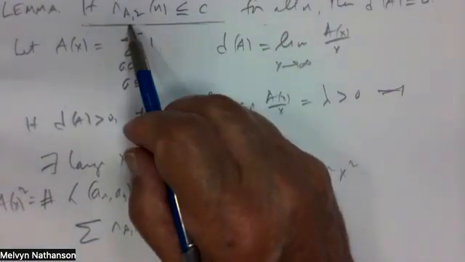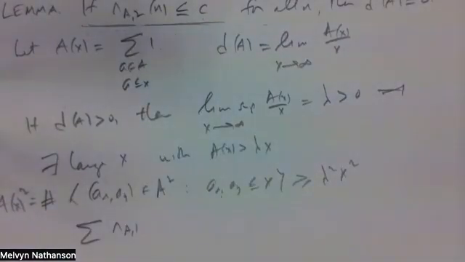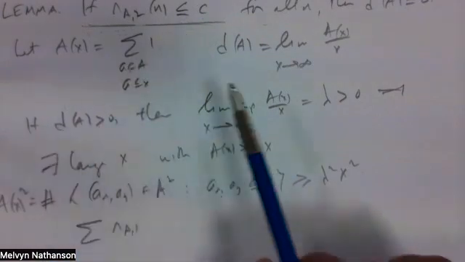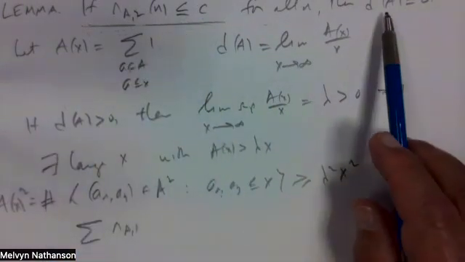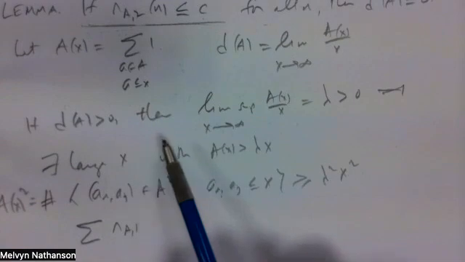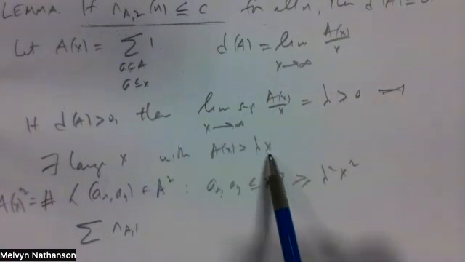We have a set A of integers, and we're looking at representations of N as a sum of two terms from the set. If the number of representations is bounded, then I claim that the density of the set is 0. If the density is positive, then you have large values of X for which A of X is greater than lambda X.